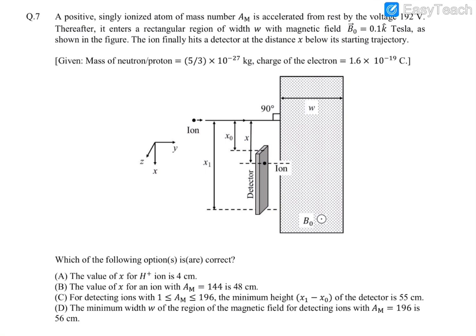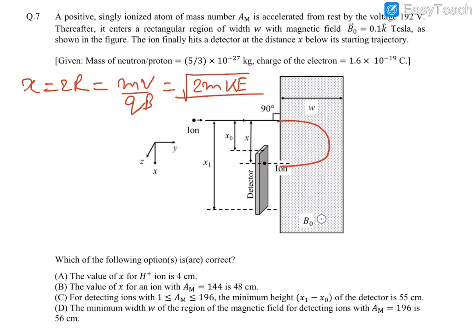So we know that if this particle will enter this field, then it would go like that. So value of x will be equal to 2r, and r is mv by qB. Now mv is momentum, and momentum is under root 2m into kinetic energy, and q is e because each atom is singly ionized, and B is the magnetic field, and there would be 2 also. So x will be equal to 2 under root of 2m.